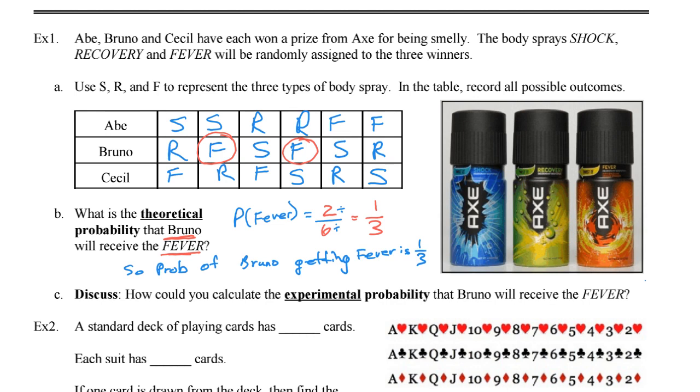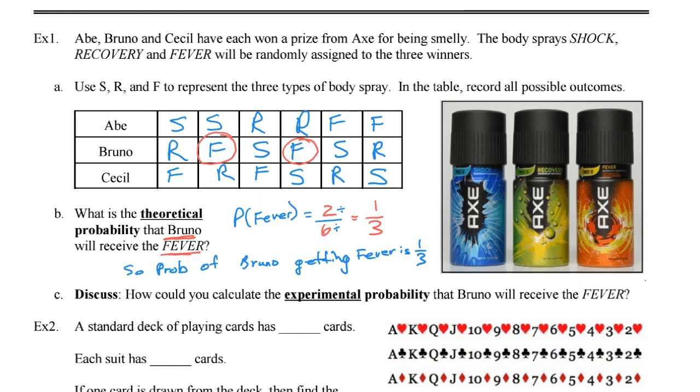So I think what we'd have to do is look at the distribution of Bruno, right? And imagine that there was a whole bunch of different experiments, like a whole bunch of trials where he gets different things from Axe. So instead of just having 6, maybe he has 1,000. And we go and look through and just keep track of all the fevers that come through. And that's it. That'll help us find out the number of fevers.